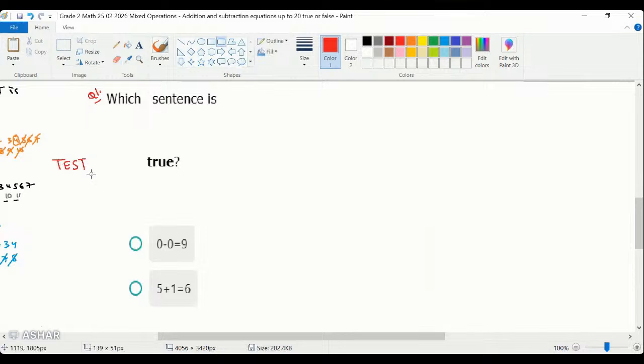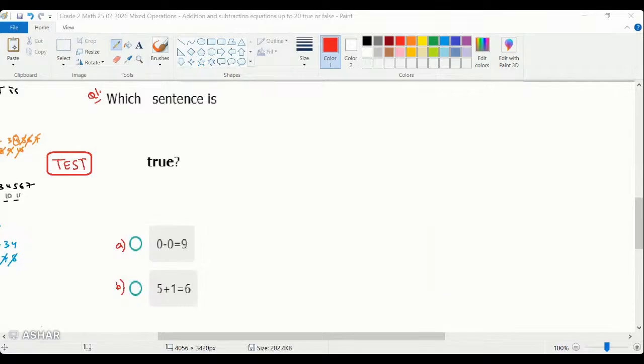So which option should be correct? Option A or option B? 1A, 1B. Which sentence is true? Can I have the answer? The first statement says 0 minus 0 is equals to 9. And the second statement says 5 plus 1 is equals to 6. And we need to find which statement is true.